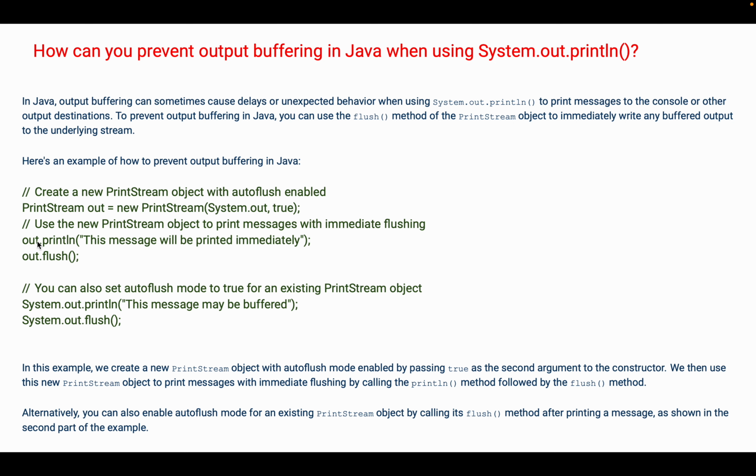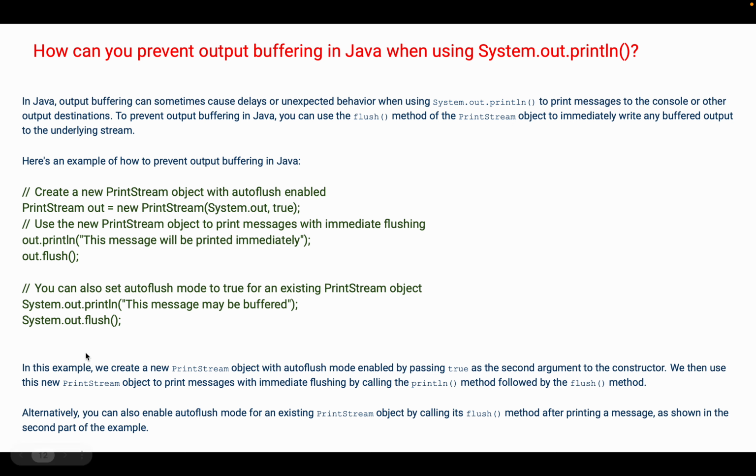So we write the out.println method and we write out.flush. It is saying that this message will be printed immediately. You can also set auto flush mode to true for an existing PrintStream object. So this was one comment for that. But if you try to use System.out.println, this message may be buffered.